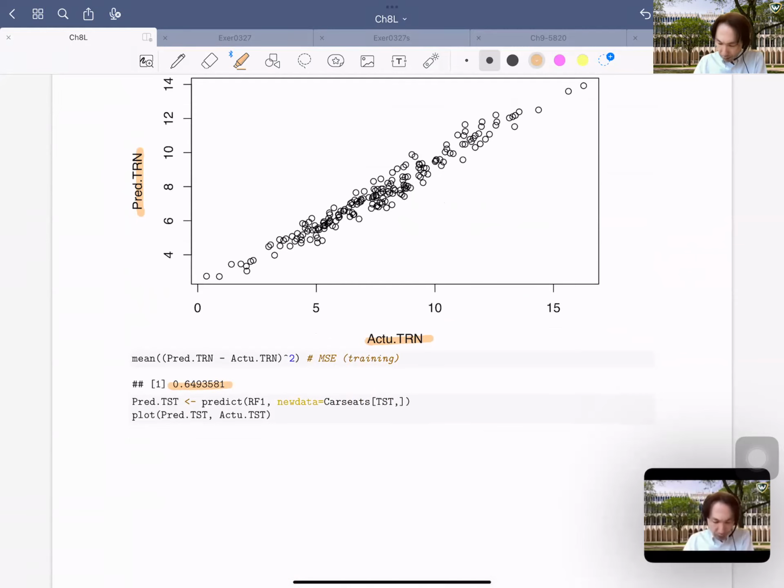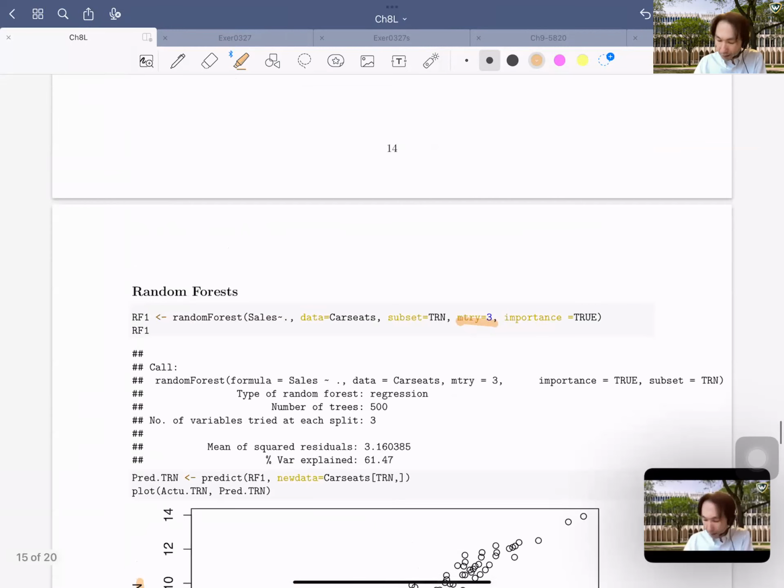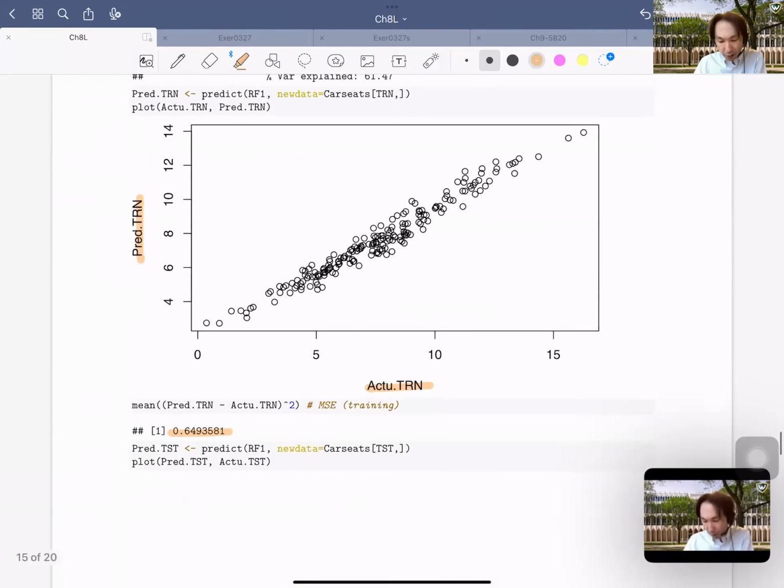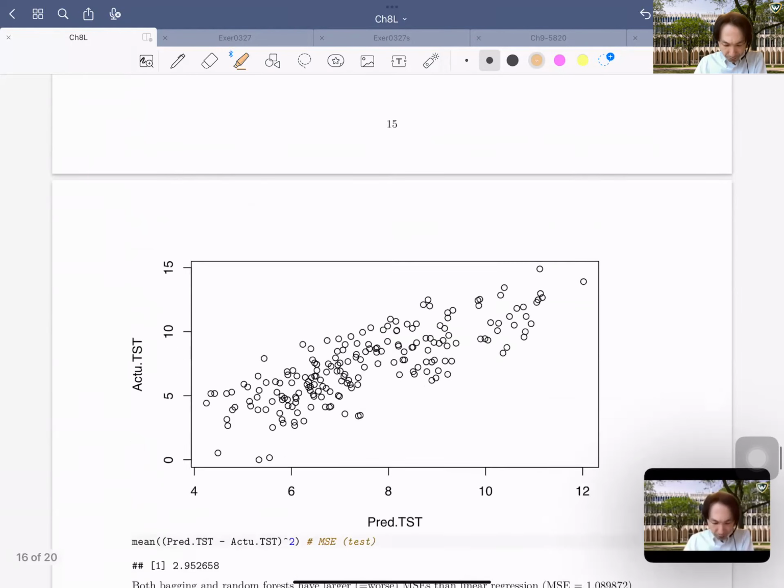The training MSE is 0.65. This is slightly larger than bagging, but that doesn't really matter because this is training error, and it's much smaller than the linear model. So how about the test error?